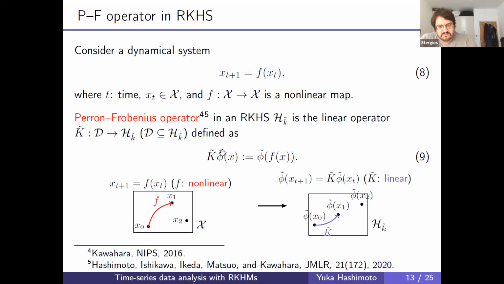So by this definition, the vectors in the form of this phi tilde x, the finite sum of this phi tilde x can be in this HK tilde.